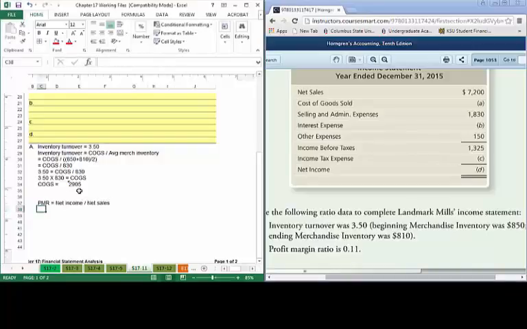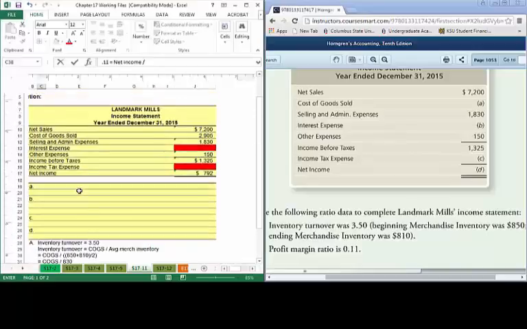All right. And they told us that it's 0.11. So 0.11 is going to be equal to net income, which we don't know, divided by our net sales, which is 7,200.